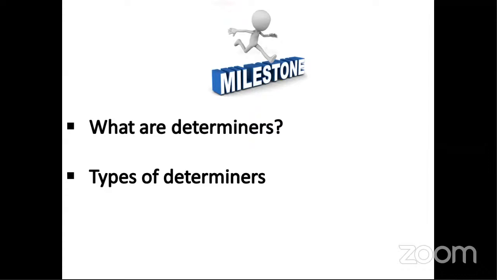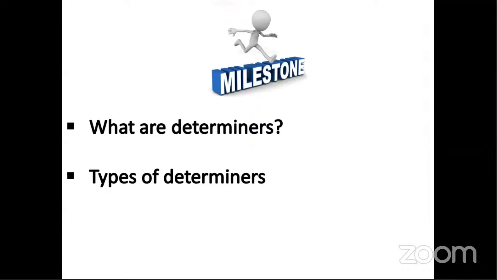Based on that, we had the identifying or classifying determiners, which are specific, where we use articles, or possessives like mine, ours, its, or demonstratives like this, that, those, or interrogatives like which, whose, what, or distributive determiners like each, every, either, neither.